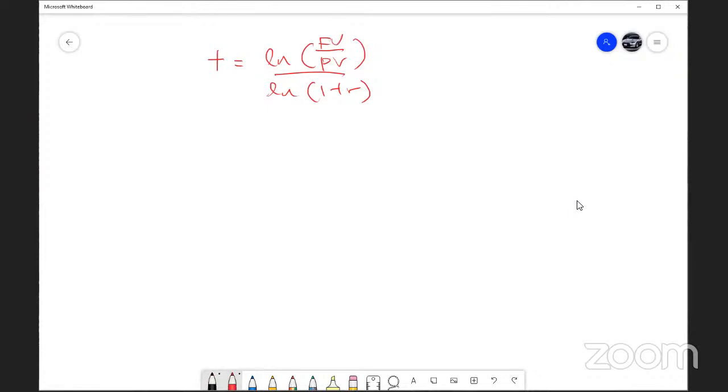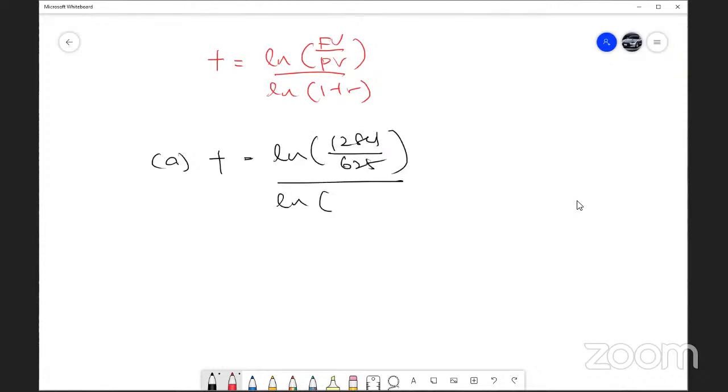So very easy, just key in. T equals ln of FV, which is 1284, divided by 625, divided by ln of 1 plus 0.09.